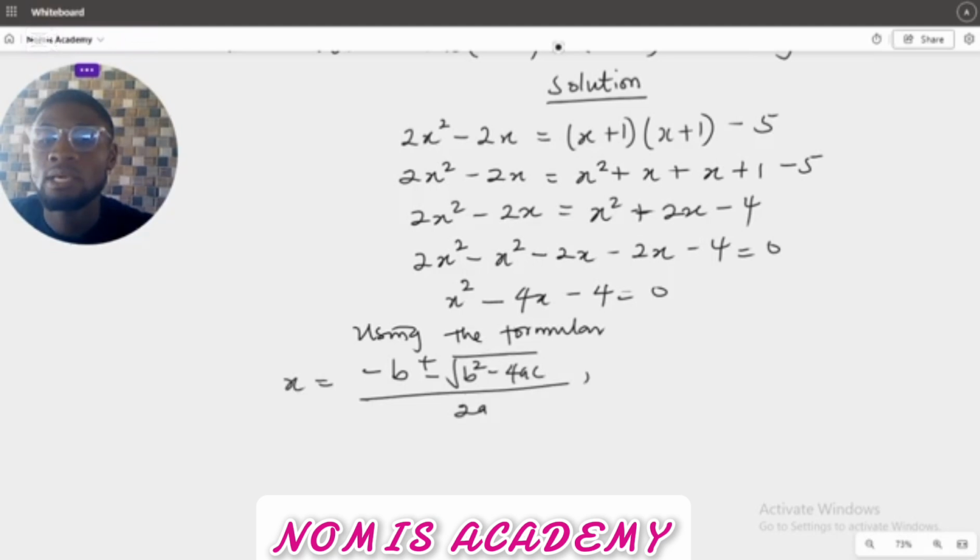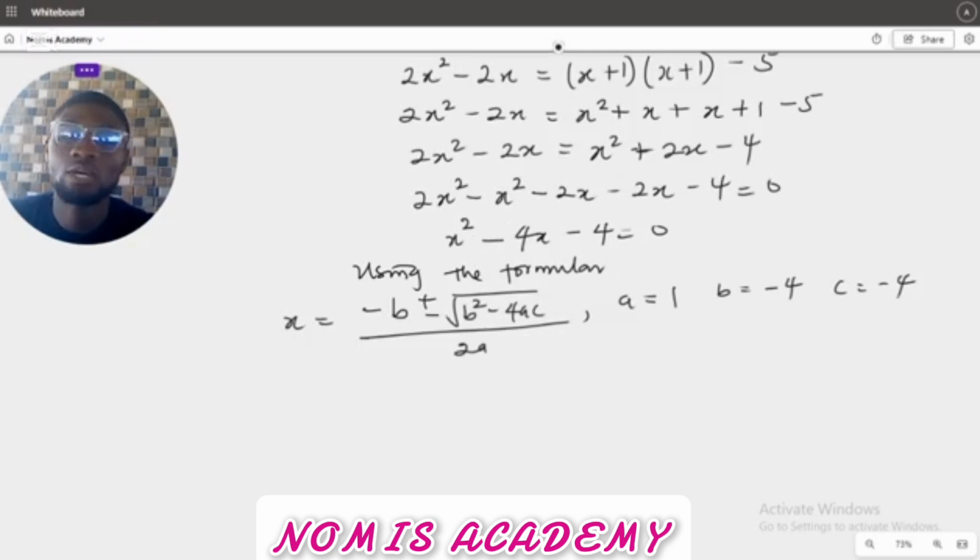So we say that a is equal to 1. Remember, the coefficient of x squared here is 1, and b is minus 4, and c is minus 4 as well. So let us put in the values. You can see that we are solving a quadratic equation from something that does not look like one to something that looks like it.